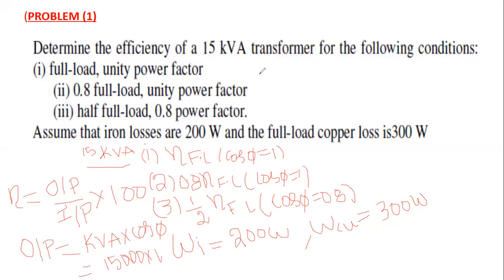At unity power factor, cos phi is 1. Therefore, what is the output? The output is 15,000 watts.